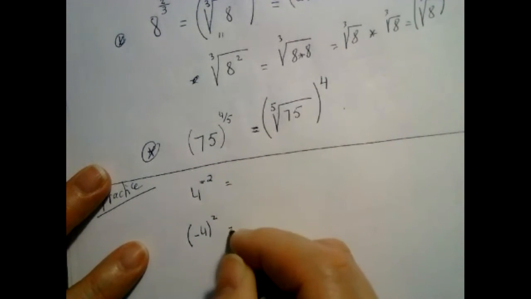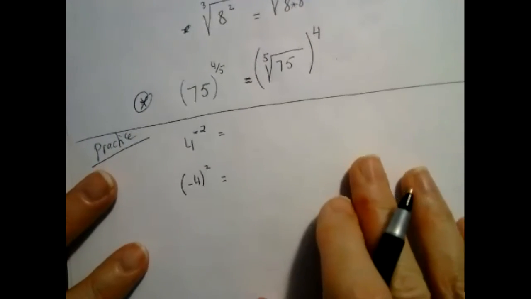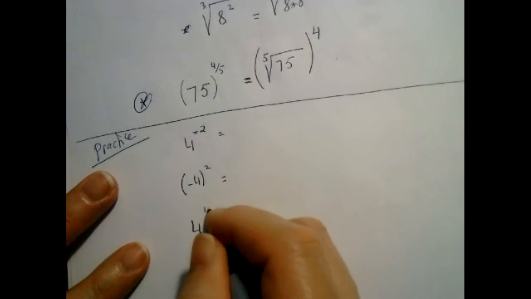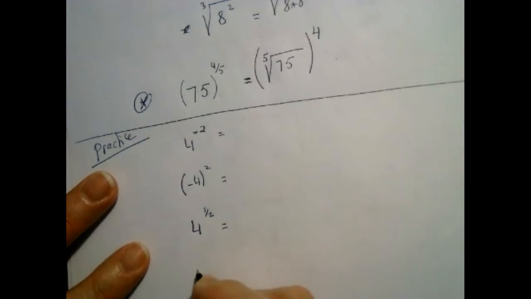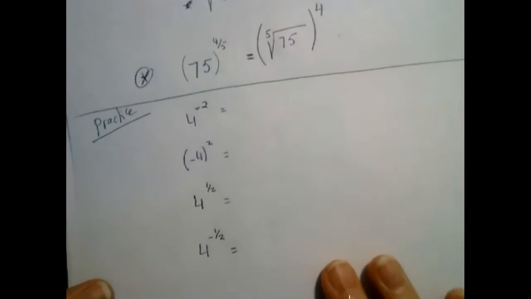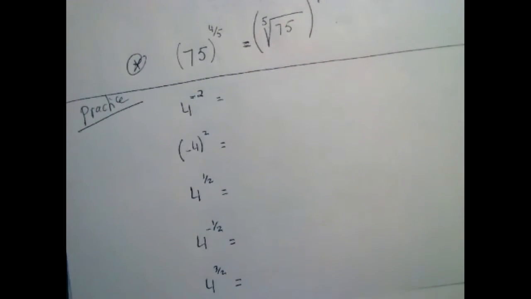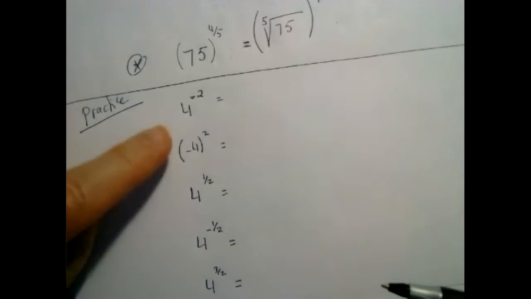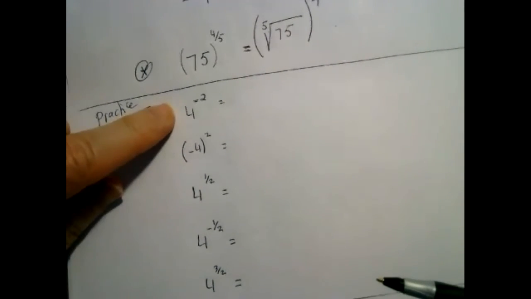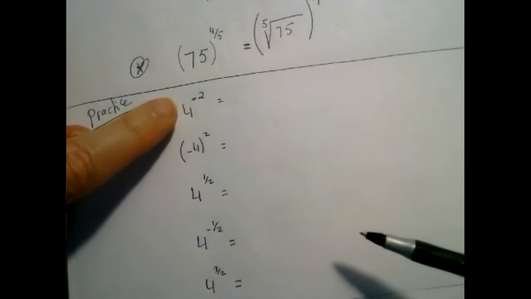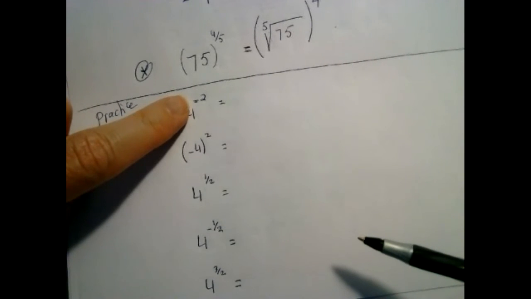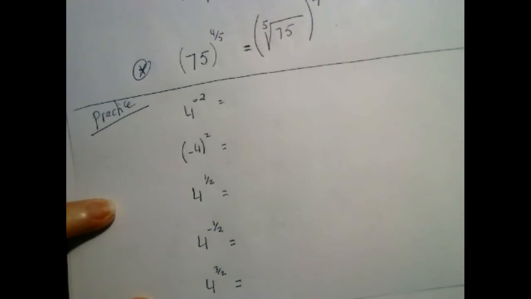We want to rewrite each one of them: 4 to the power a half, 4 to the power minus a half, and if I have time, 4 to the power 3/2, for example. We're going to rewrite each one of them so there will be no power. So we're going to simplify them.